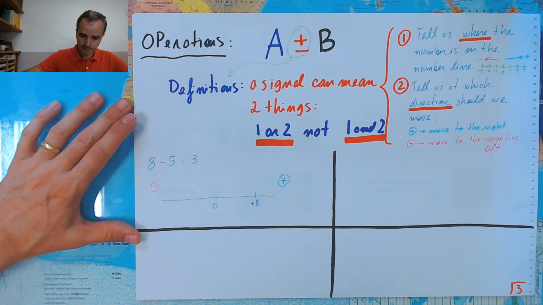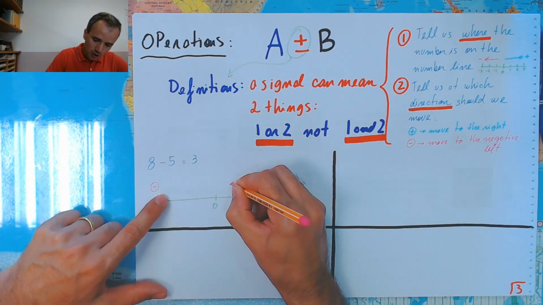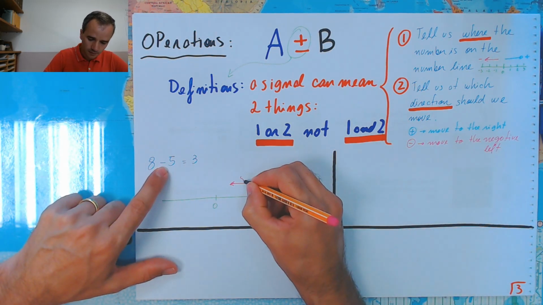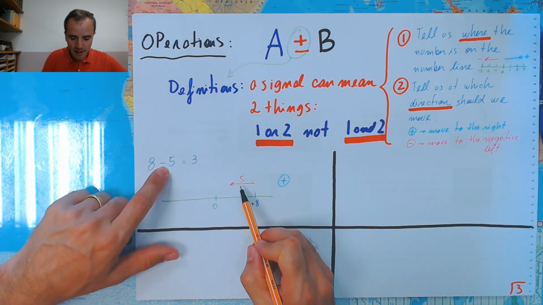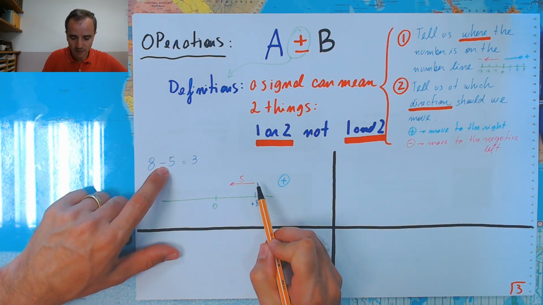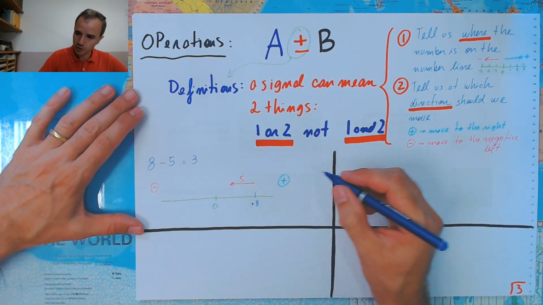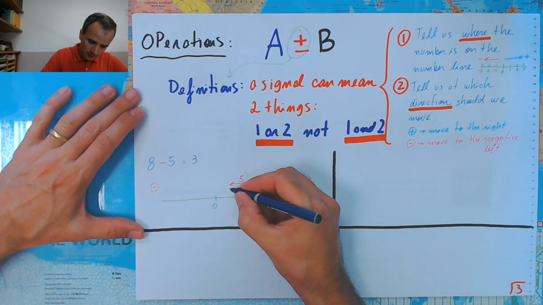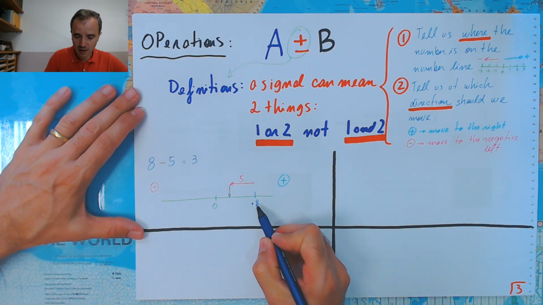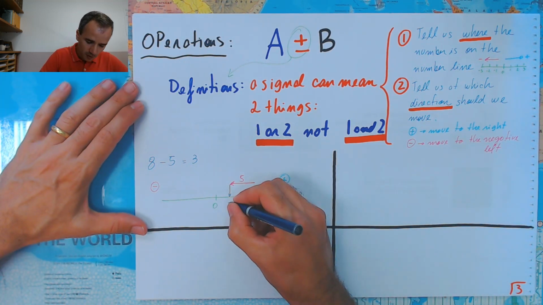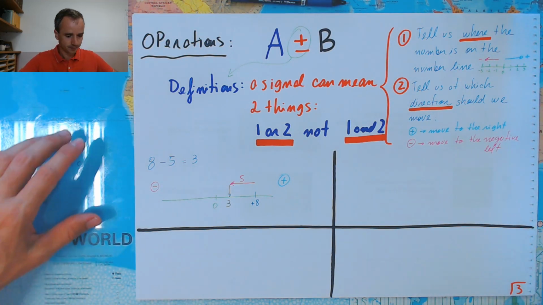How much? 5 units. I don't have to put negative 5 here because I'm already explaining the direction: being negative, it is towards the left. If I start at 8 and go backwards 5, I'm going to land at 3.